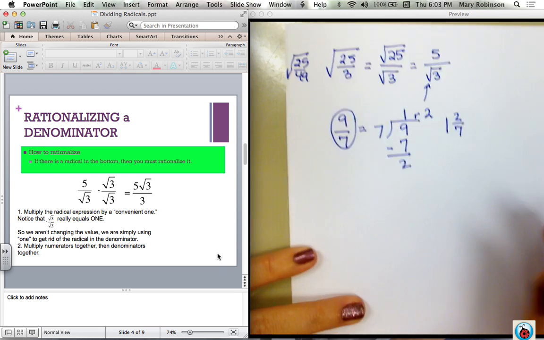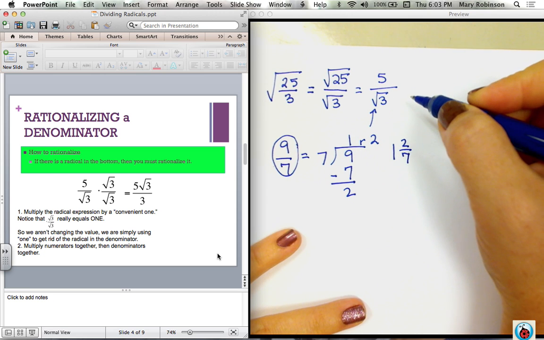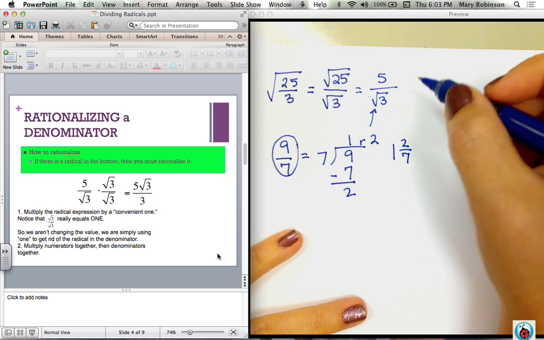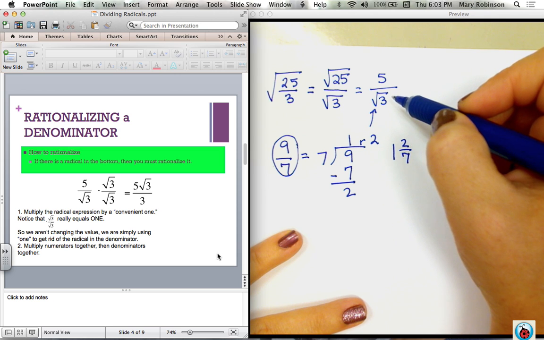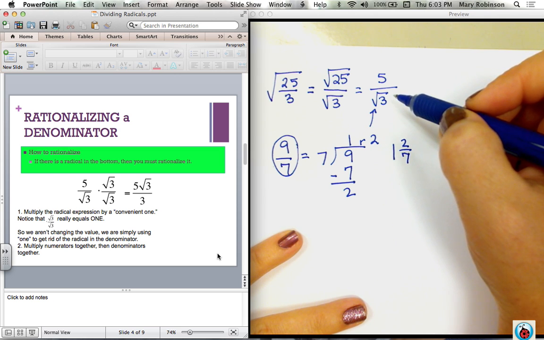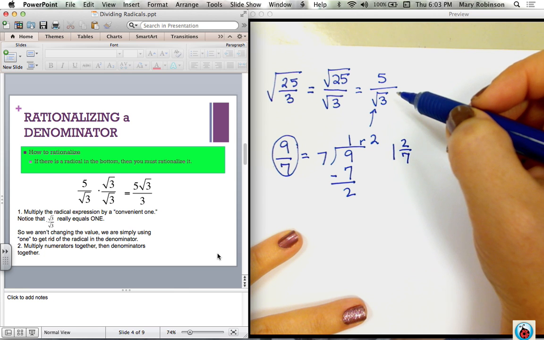So if we take a look at our answer here, 5 over the square root of 3 from the previous example, we recognize that there is a radical in the bottom. So for step 1, it says we need to multiply the radical expression by a, quote, convenient 1.